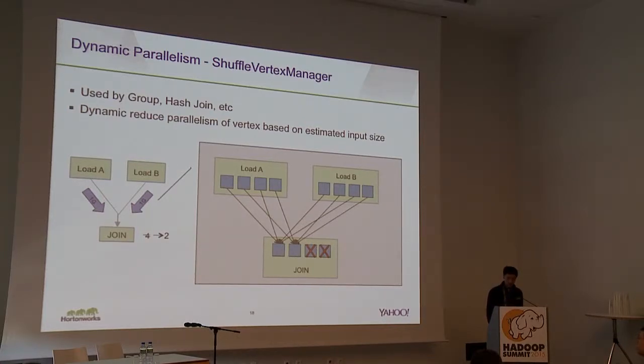And also, Shuffle Vertex Manager only decreases the parallelism, but does not increase it. Decreasing the parallelism only needs to reroute the eliminated partitions to existing tasks. On the other hand, increasing the parallelism requires repartitioning the existing partitions, which is harder to do.